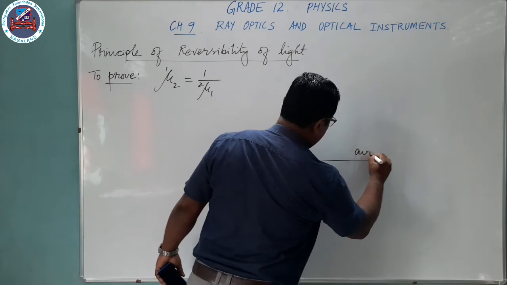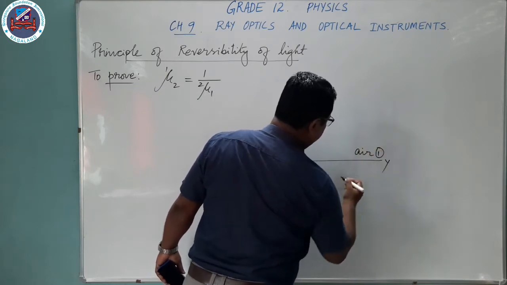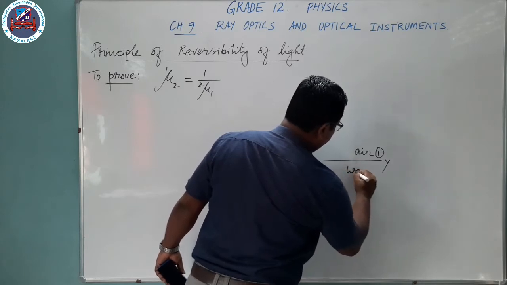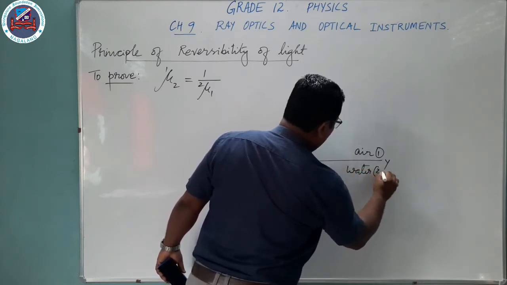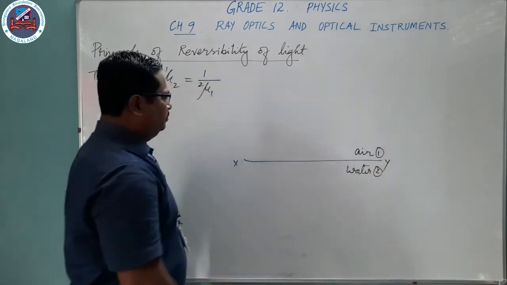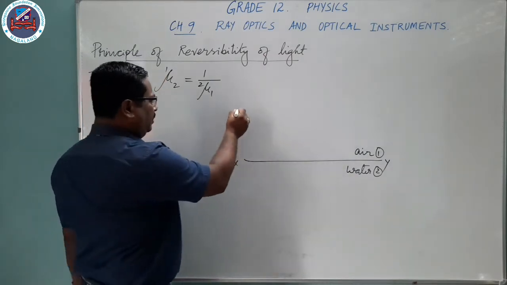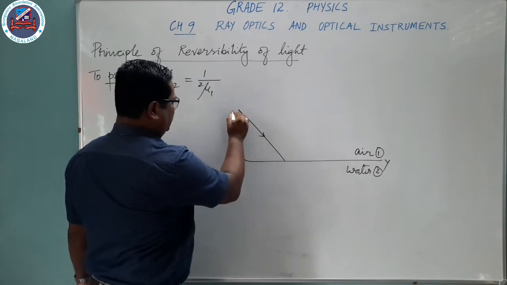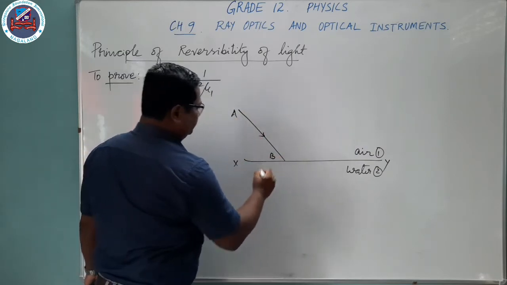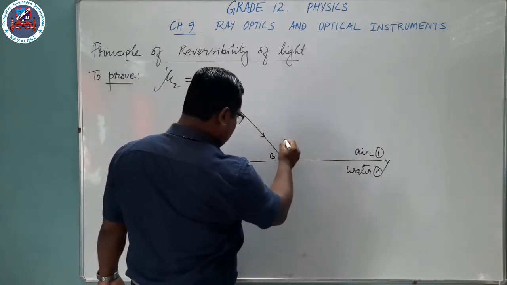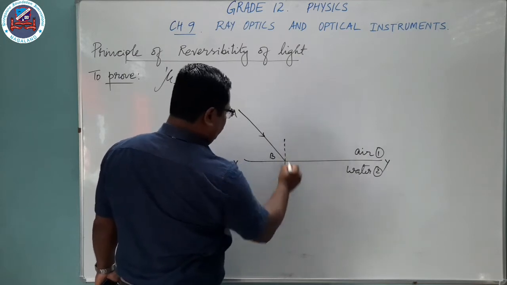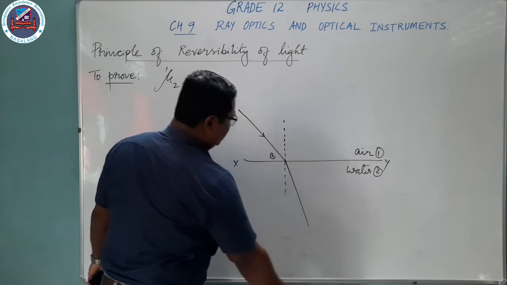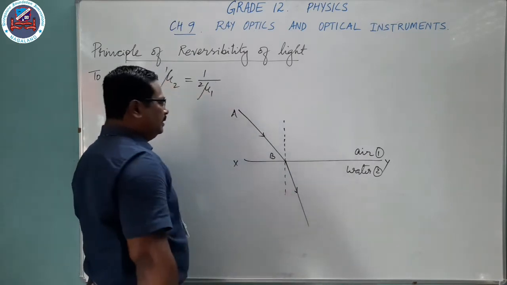Let us take air, the rarer medium, and water, the denser medium, and mark them as 1 and 2, 1 for air, 2 for the denser. If I allow a light ray to strike the interface XY, let us mark it as AB, the incident ray. Then, following the laws of refraction, it has to bend towards the normal.